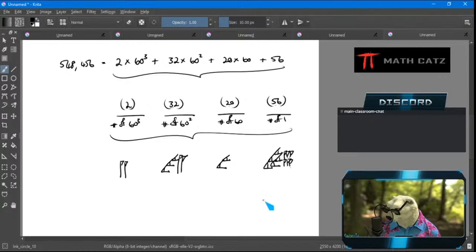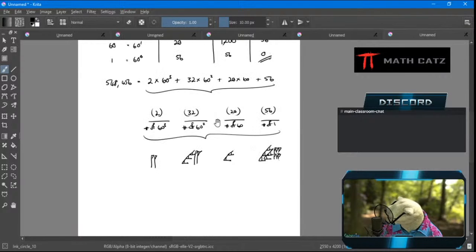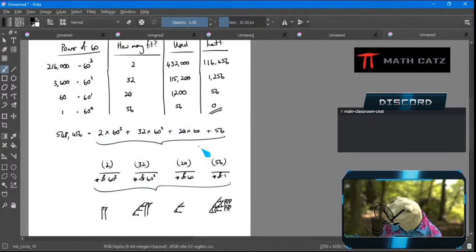There we go. Okay. It's a big question. Absolutely. Now we're not going to make it super big, right? Yes, we can have more and more places, but we won't go past 60 cubed. There's no benefit in doing that.